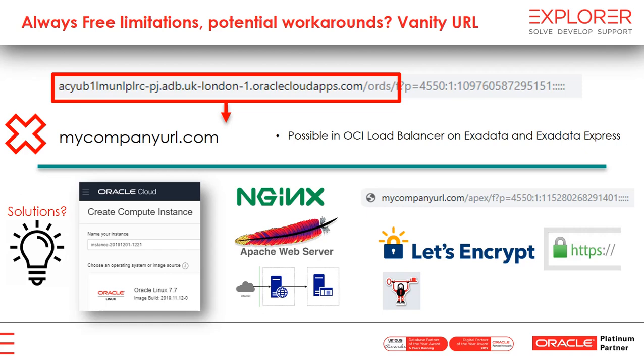So, as you can imagine, the possibilities are very vast as to what you can do with this box. For this purpose, you can simply install a web server on there, nginx or Apache, for example, and then set up a reverse proxy to forward requests to the autonomous database. Configure the domain with your domain controller to send the URL requests onto the compute instance, and then bingo, you have your own URL.